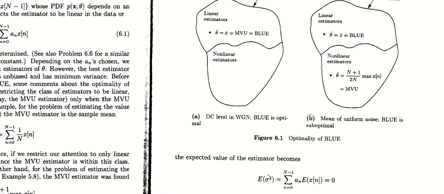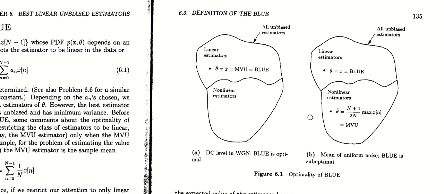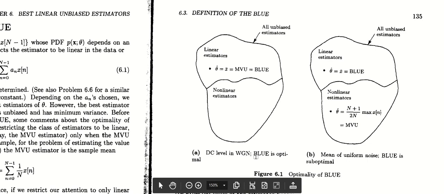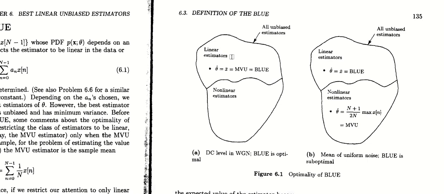Let's take a look from the perspective of, as I say, the universe of estimators, the whole universe. You see there is this linear estimator and nonlinear estimator. For the DC level problem, BLUE is in the linear region. Therefore, it's optimal and also linear, and then we can call it BLUE.